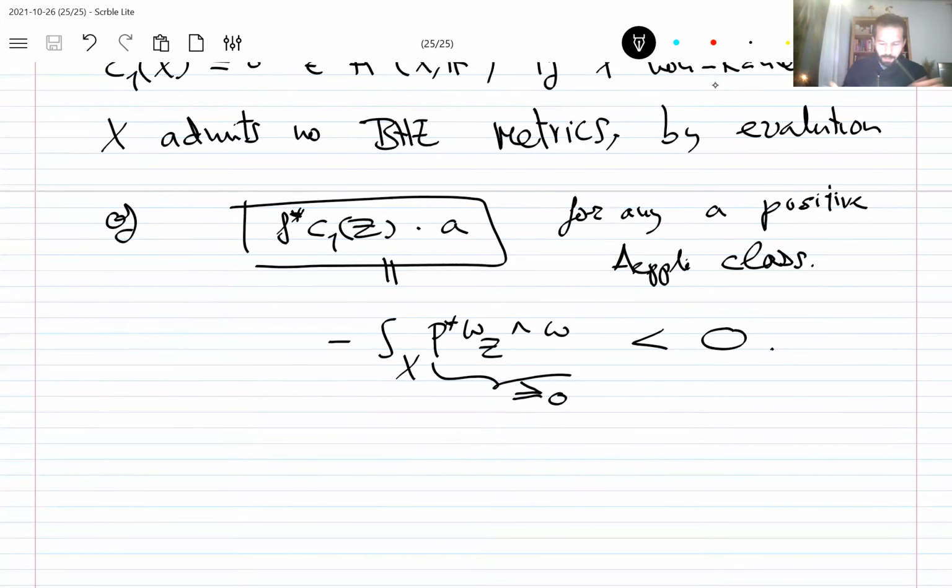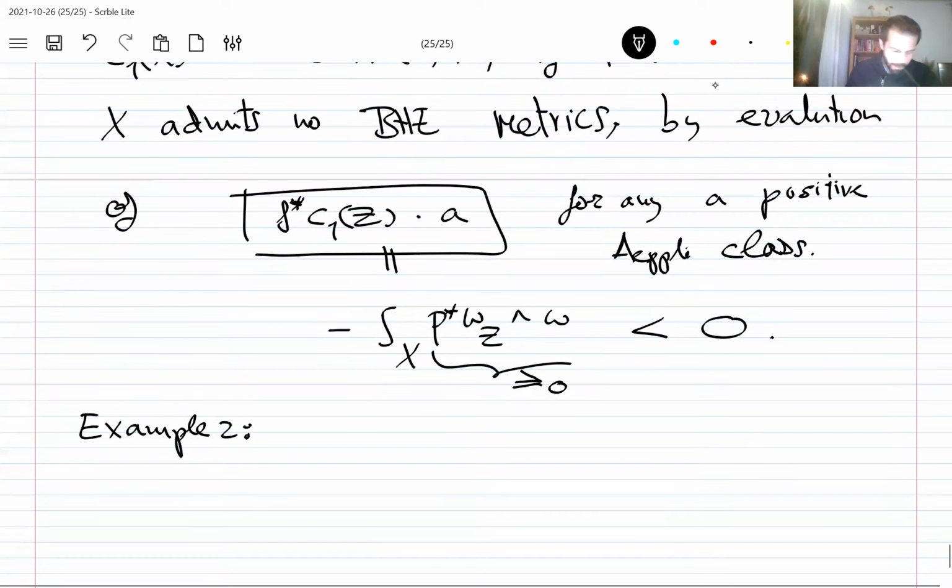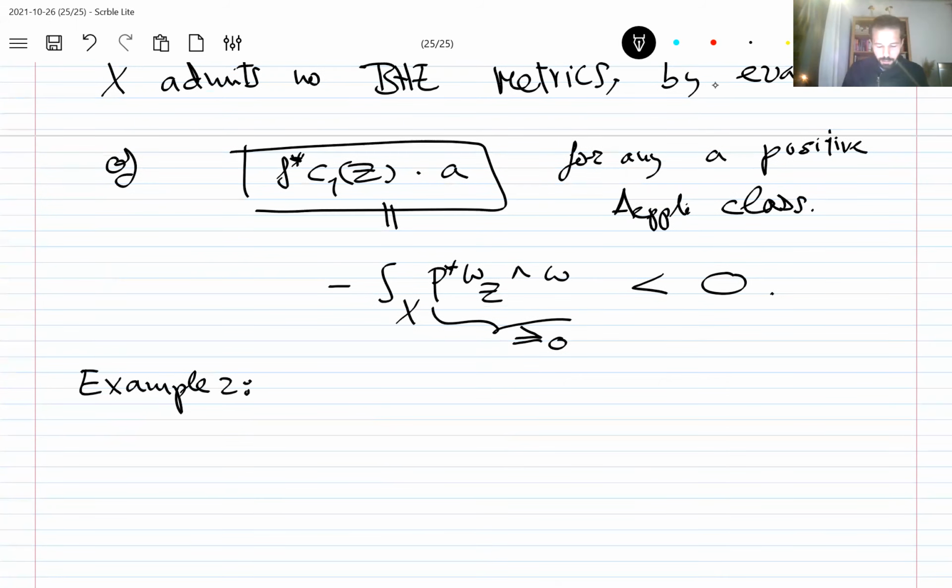And the second example, just to give you an example in higher dimensions, very briefly. The second example is by taking the base Z to be a degree d hypersurface in P3, with d bigger or equal than 5.